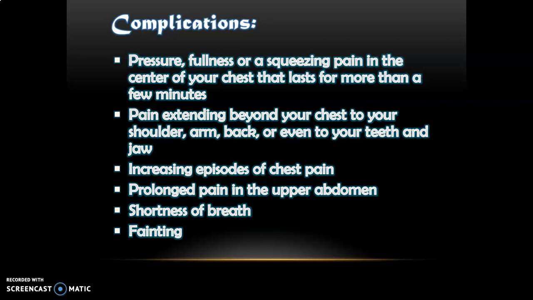These are the symptoms or complications that arise. Increasing episodes of chest pain, prolonged pain in the upper abdomen, shortness of breath, and fainting, with darkness in front of the eyes. So these are the complications that arise.